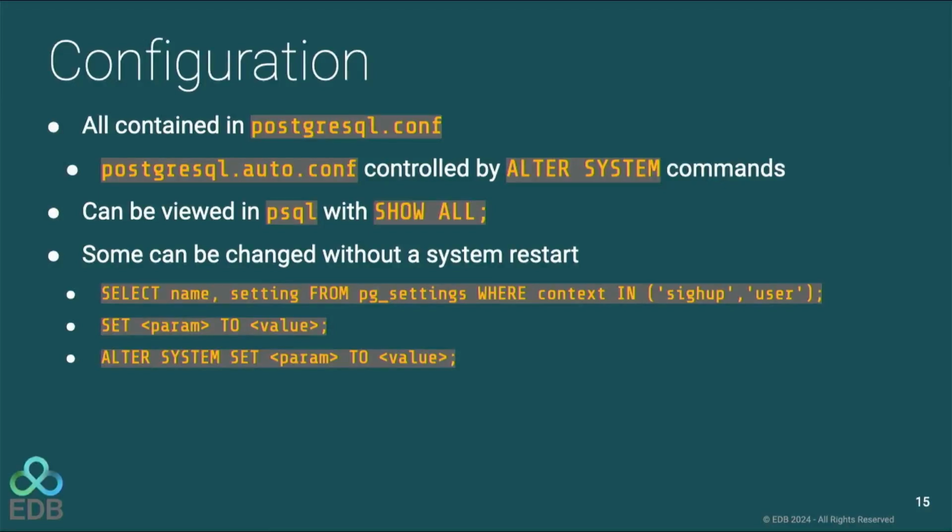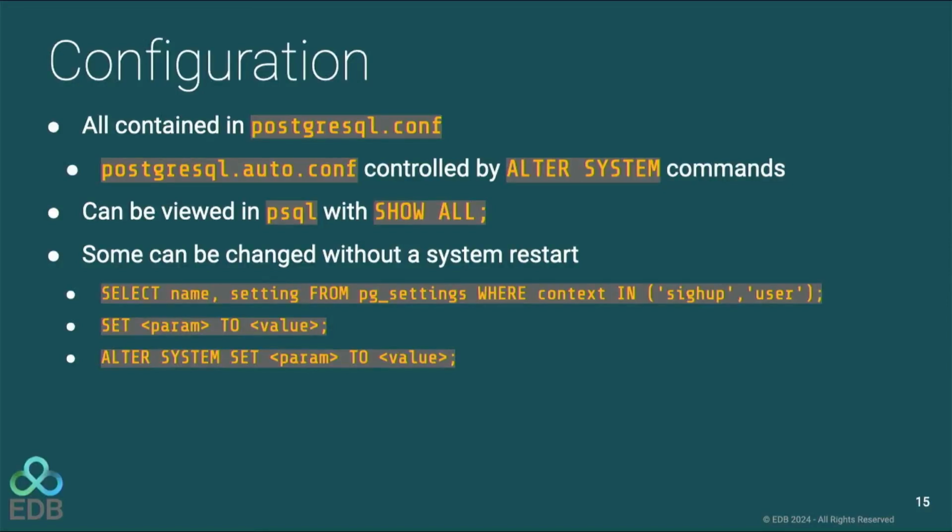Now, to figure out which settings those are, you can use this first query: select name, setting from pg_settings where context is sighup or user. Sighup means you can reload the config without restarting. User means it is only valid for the current session. So for those user-level configuration parameters, you can just SET parameter TO value.